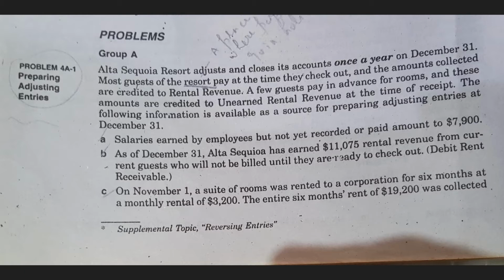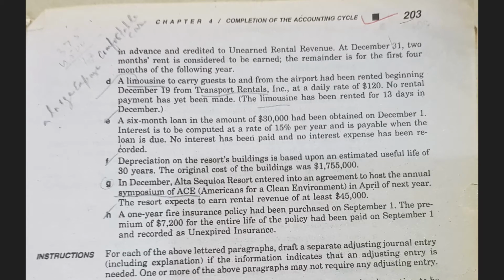The following information is available as a source for preparing adjusting entries at December 31st. Now, these are the entries which are given: A, B, C, D, E, F, G, H.